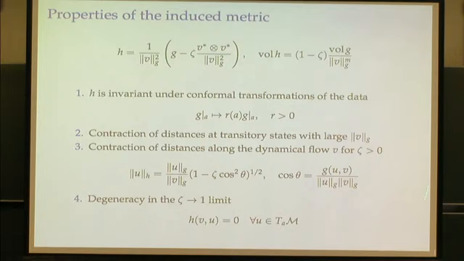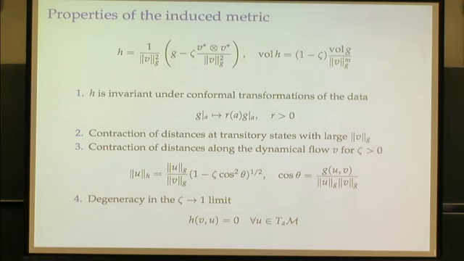Another qualitative feature is that we are contracting distances at states which have uncharacteristically large values of the magnitude of the phase space flow. We're rescaling by this factor, and we're also contracting distances which are aligned along the dynamical flow.